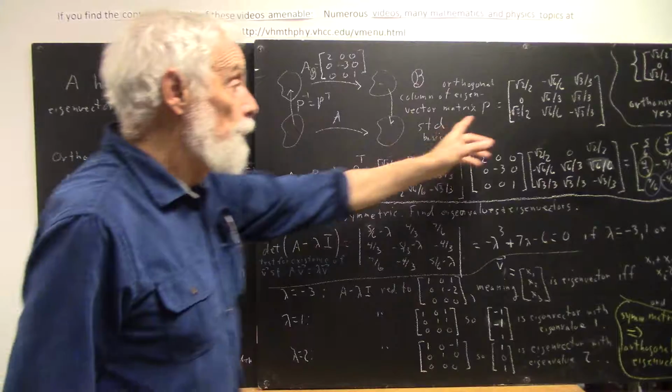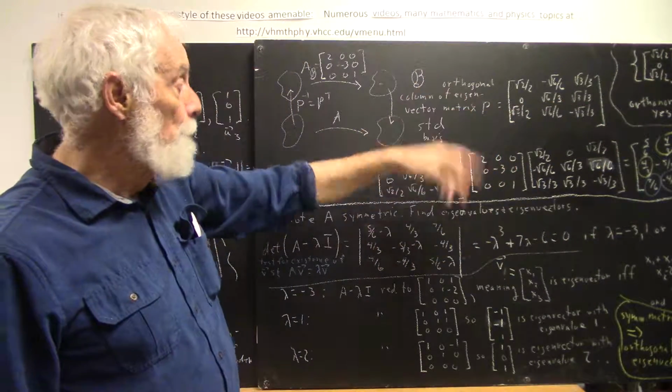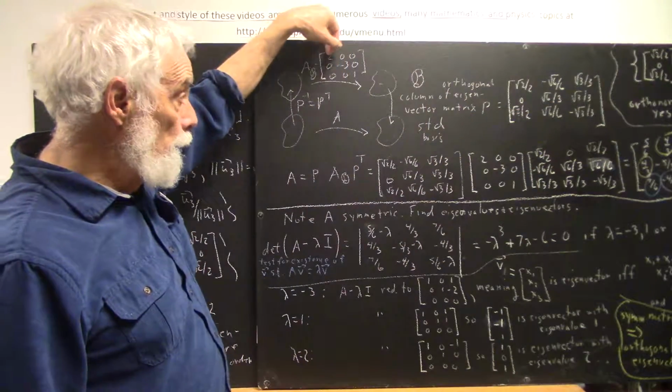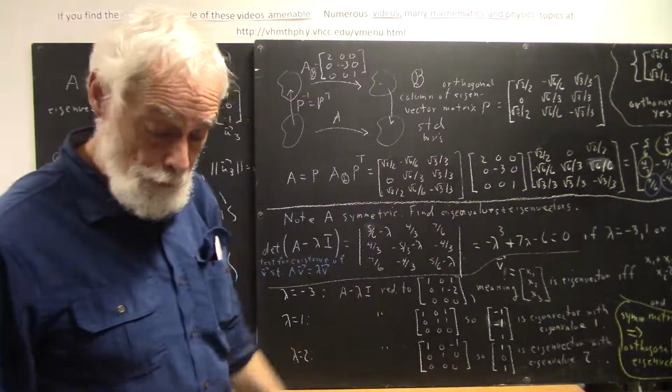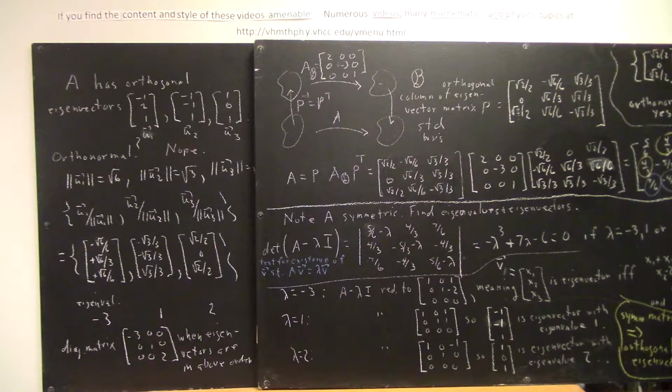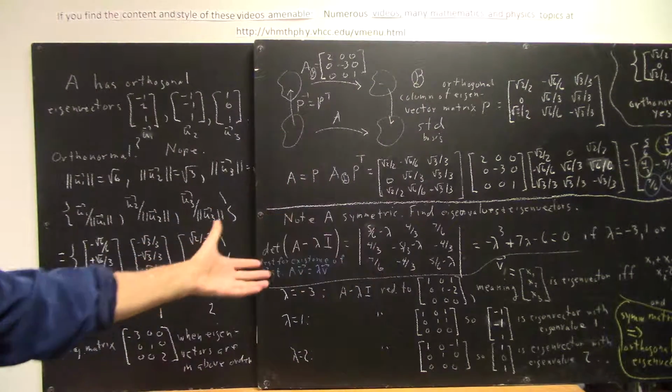If the eigenvectors are in this order, well, you just have to, again, match up the eigenvalue with the eigenvector, get them in the right order. So had I started with this and this matrix and done the whole process, I would have ended up with all the same results.